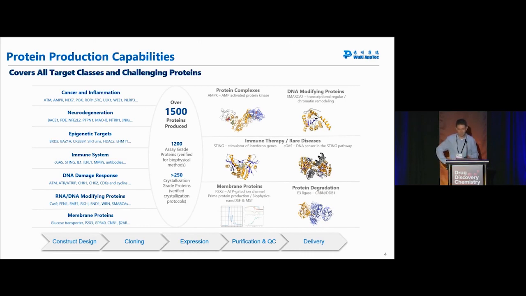So we have a very big team in Germany and in China, very experienced in protein production, that supports us a lot. And over the years they made very challenging proteins as well, belonging to very different protein classes. Can be helicases, can be immunomodulators, can be membrane proteins, E3 ligases, and so on.